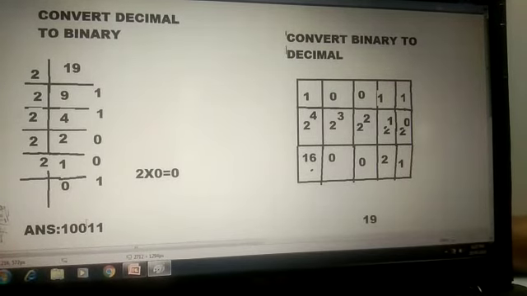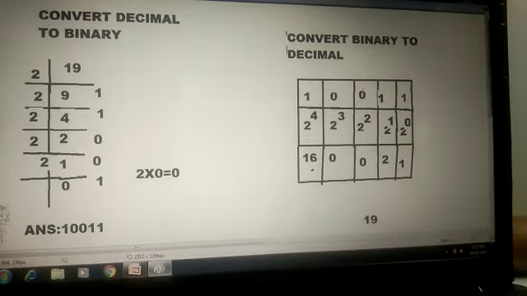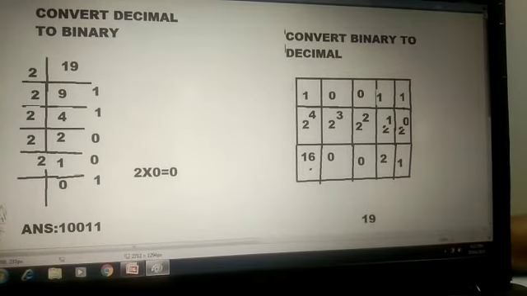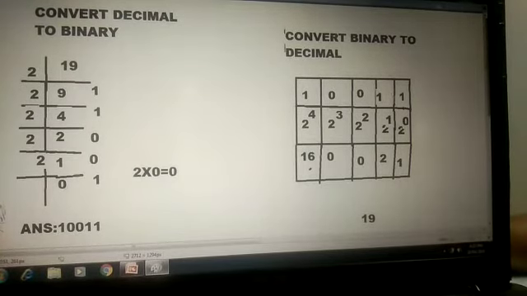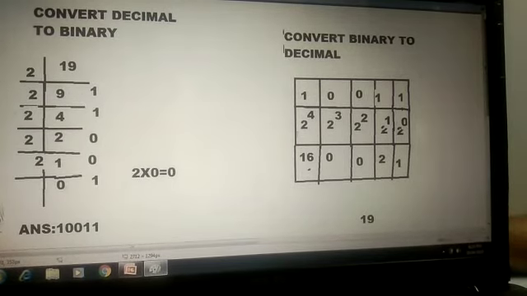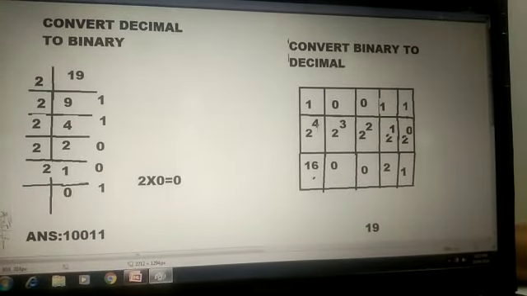Now if I want to convert this binary number to decimal, vice versa of this process, how can you do it? First you write that number in a box. Since the base is 2, I am using 2 here, and I kept the power here: 0, 1, 2, 3, 4.